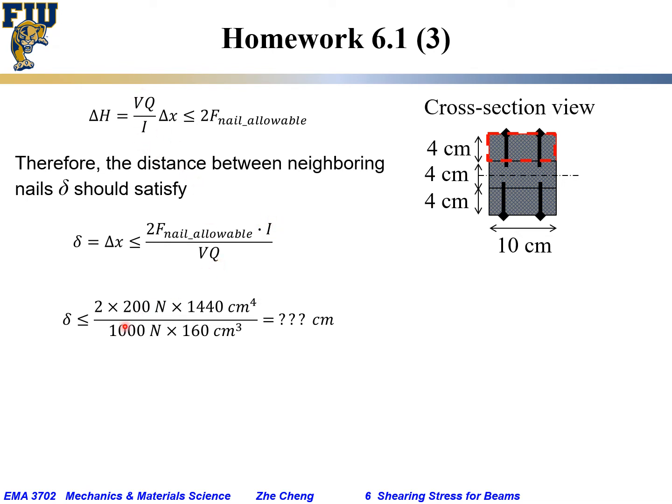As a result, delta, the interdistance between the nail should be 2 times each of the nail. We said it can handle 200 Newton of shearing force. I, we said it's 1440 centimeter to the power of 4. V, we said is 1000 Newton, and Q is 160 centimeter cube. As a result, you plug in the number, you can get the answer. Okay, and that concludes homework 6.1.